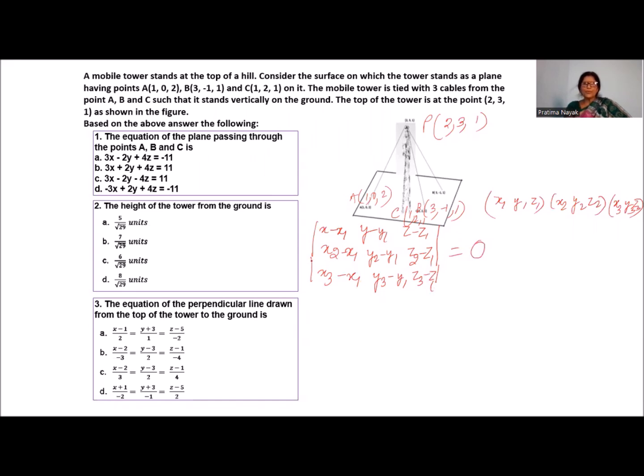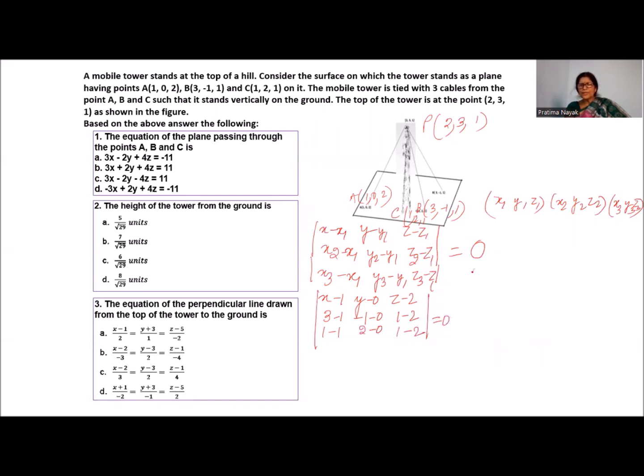If I put the points A, B, C, I get x minus 1, y minus 0, z minus 2 in the first row. Then B minus A will be 3 minus 1, minus 1 minus 0, 1 minus 2. And C minus A will be 1 minus 1, 2 minus 0, 1 minus 2. This is equal to 0.